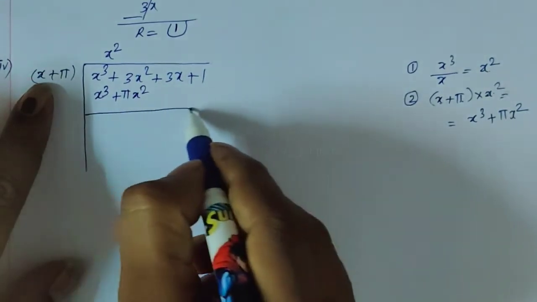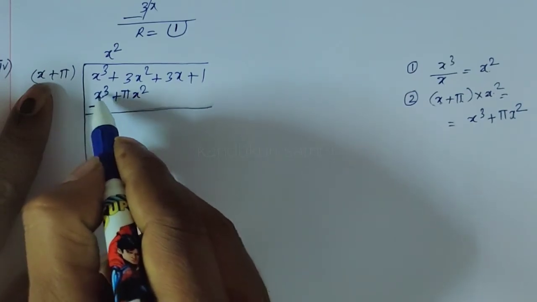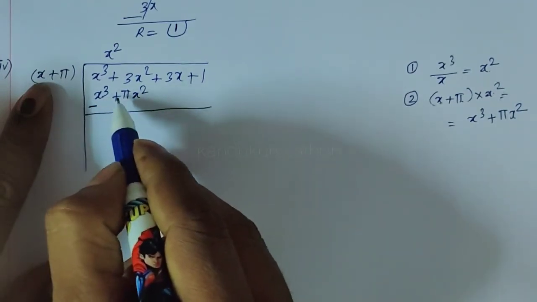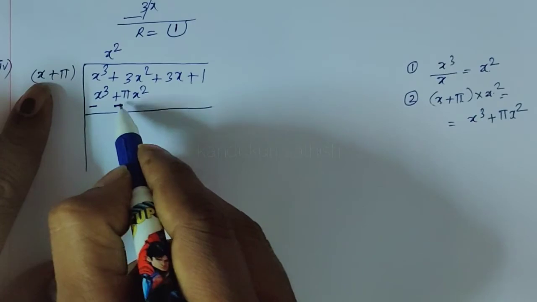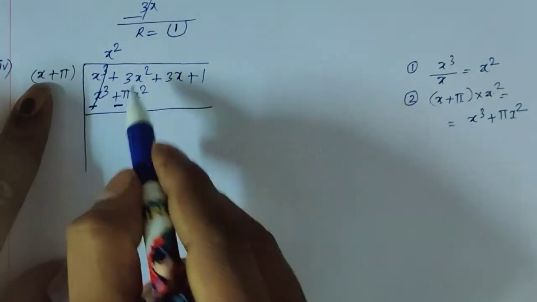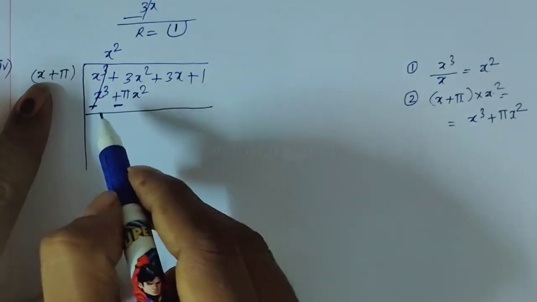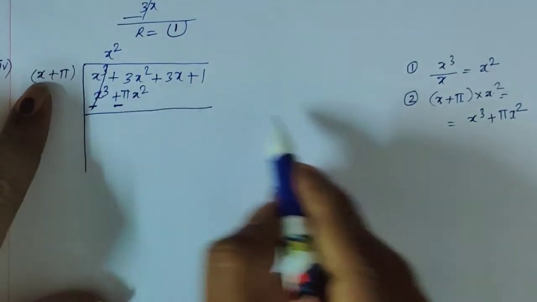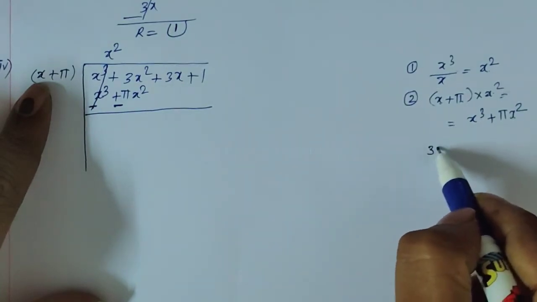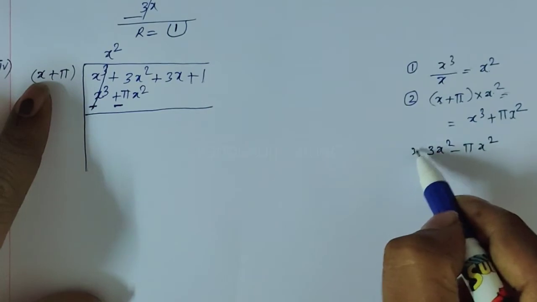You need to subtract this. Before subtraction, change the signs. Plus x cube will become minus x cube, plus pi x square will become minus pi x square. So x cube minus x cube gets cancelled. Here this is 3x square and this is minus pi x square. Just write it here, 3x square minus pi x square.